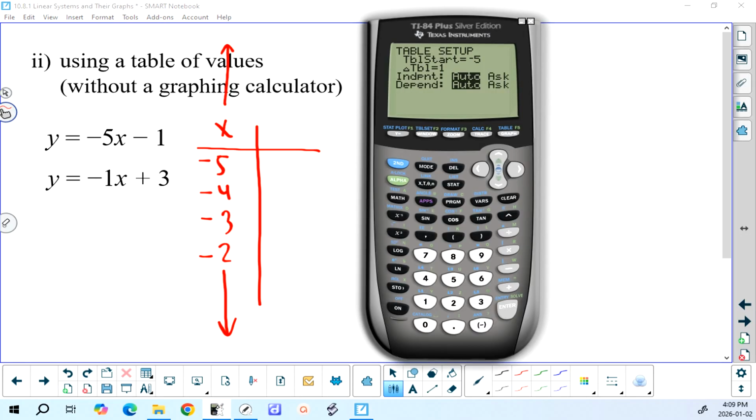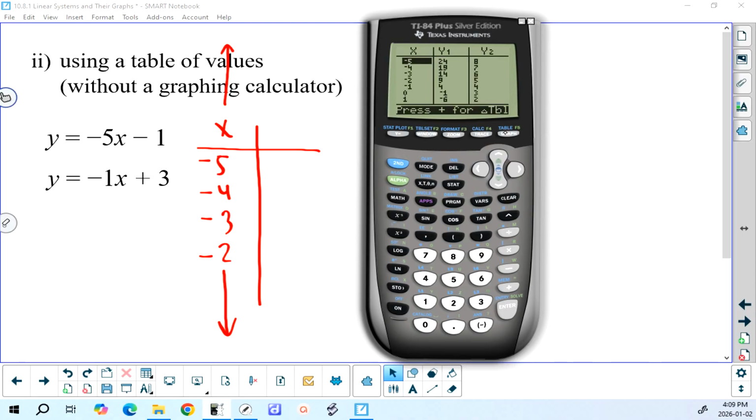So when I do that and I go to my table, which is second graph, I'm looking for the place on this table where we have the same y coordinate. So y1 and y2 are not the same when x equals negative 5.